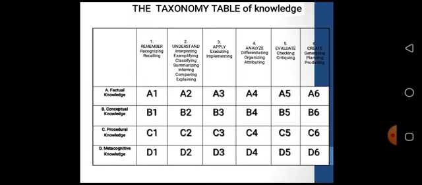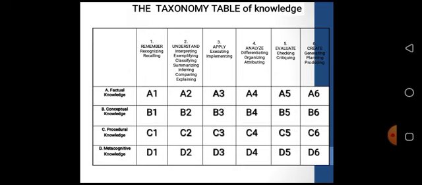And here we have the taxonomy table of knowledge. This table is for taxonomy. We have 7 columns and 6 rows. In the second column we have number 1, which is remember.